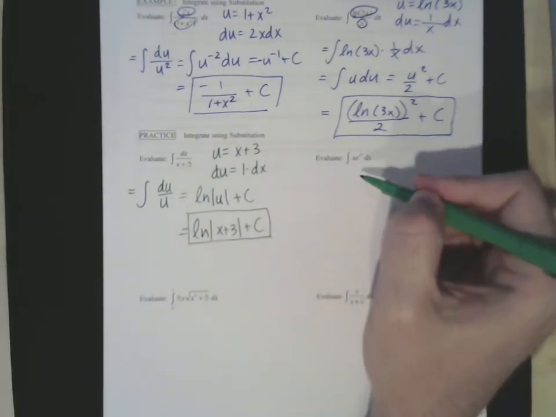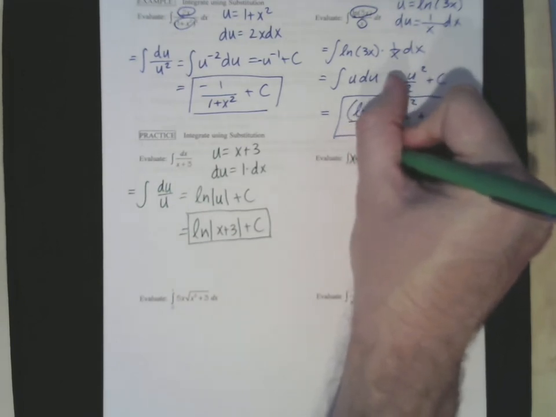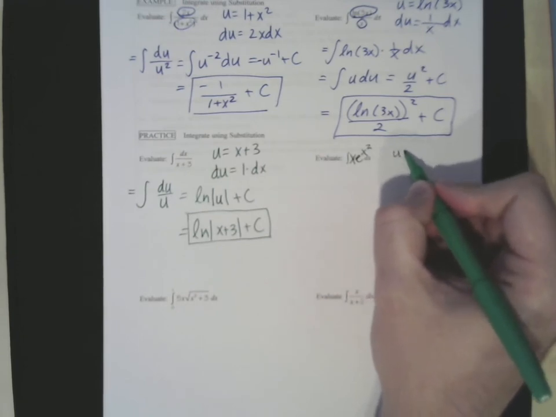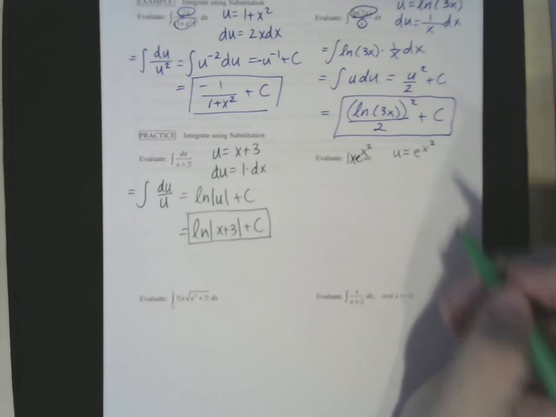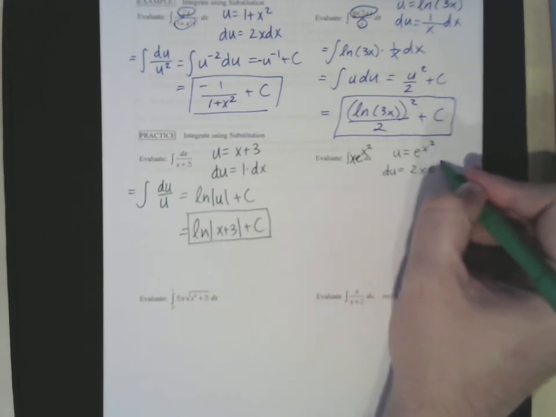So the next one is a little bit trickier. We have x e to the x squared dx. Now, a lot of people's first reaction is to choose u equals e to the x squared. And then our du would be 2x e to the x squared.